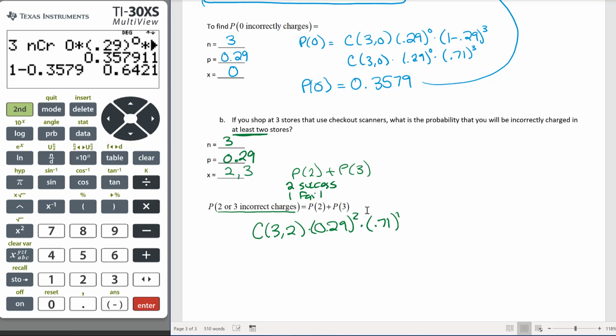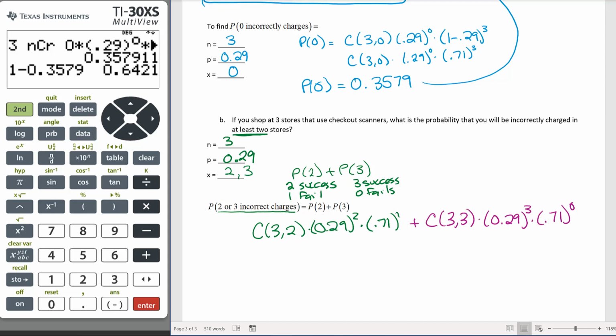So the probability of 3 means 3 successes and 0 fails. Okay, so that's the probability of just 2. So now I'm going to add that to the probability of exactly 3, which is the combination of 3 choose 3, times 0.29 to the 3 successes this time, times 0.71 to the 0, because we have 0 non-successes.